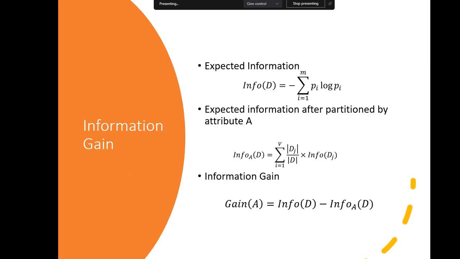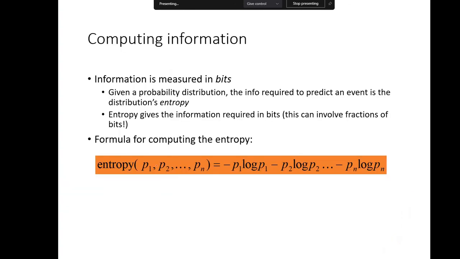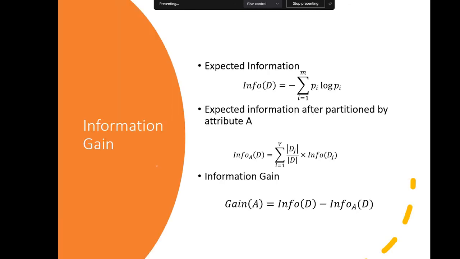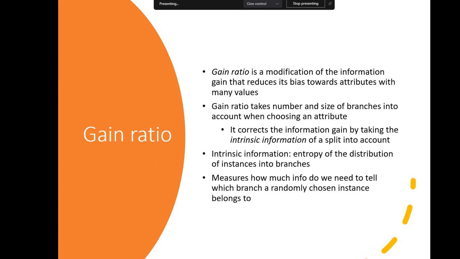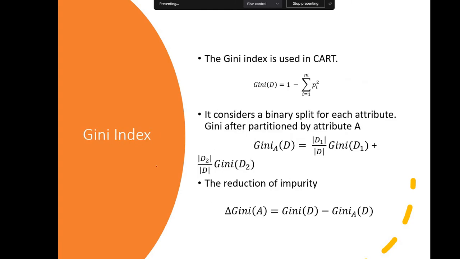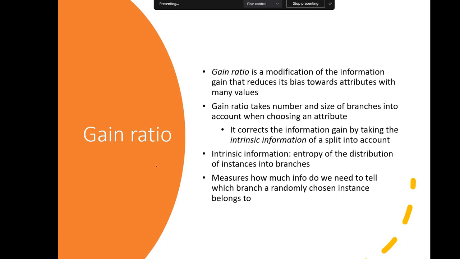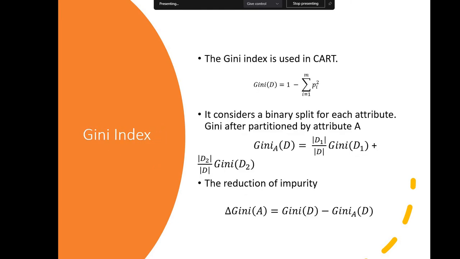There are many measurements we use: information gain, gain ratio and Gini index. All these three use different ways to select the attributes, right? And I will show you in the decision tree algorithm how we could change this. That part I will do.